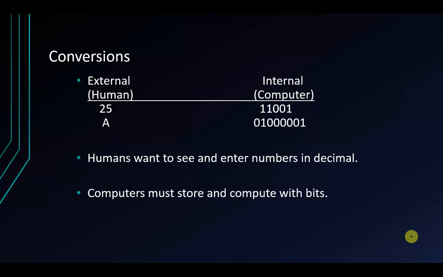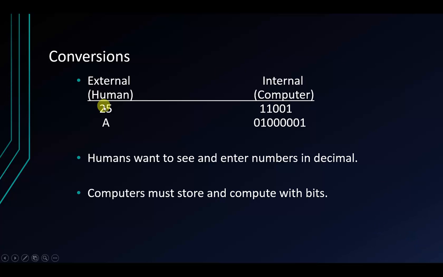So we're talking about conversions from external, which is the human perspective of decimal base 10 numbers such as 25 or letters such as A, and how do we represent that internally within the computer.